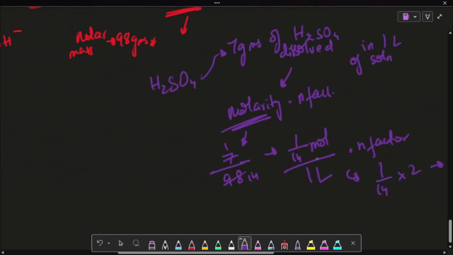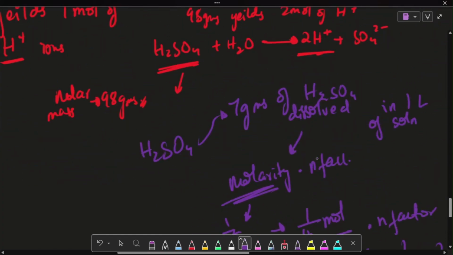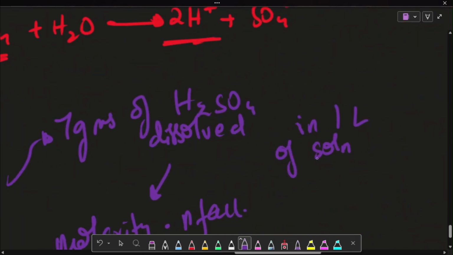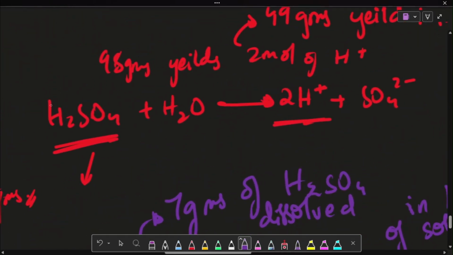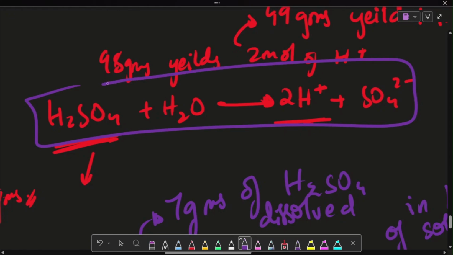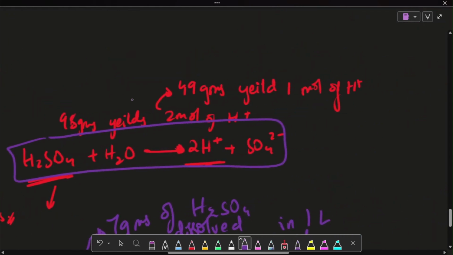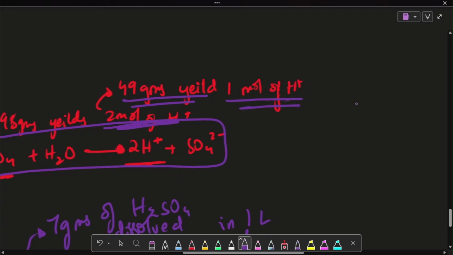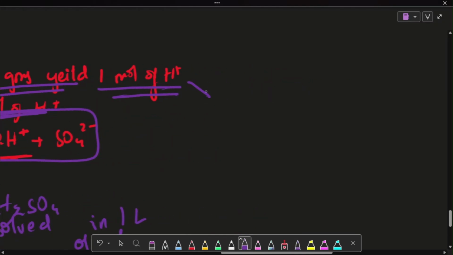So if we were to take our analogy method, basically 98 grams yielded 2 moles of H plus, so 49 grams yields 1 mole of H plus. That was the equivalent weight.